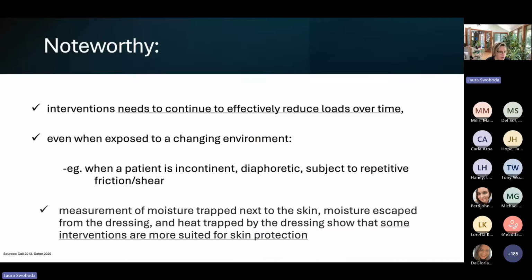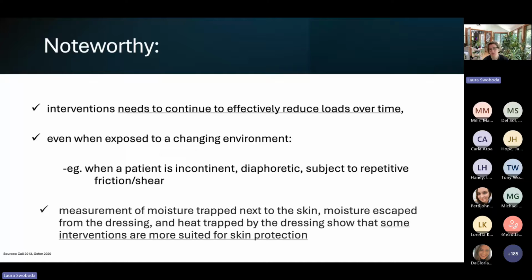So noteworthy are that interventions need to continue to effectively reduce loads over time, even when they're exposed to a changing environment. So our patients aren't just static, and that's why we have to do multiple risk assessments for pressure injuries, whether it's a Braden or Norton or whatever you're using. We don't just do it once in the acute care environment.